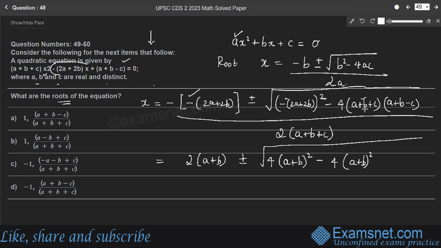So 4 into a plus b whole square minus c square, whole divided by 2 times a plus b plus c.